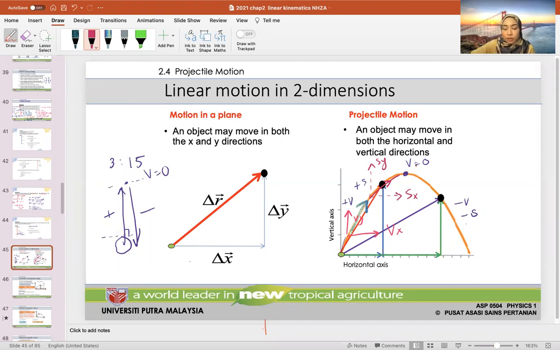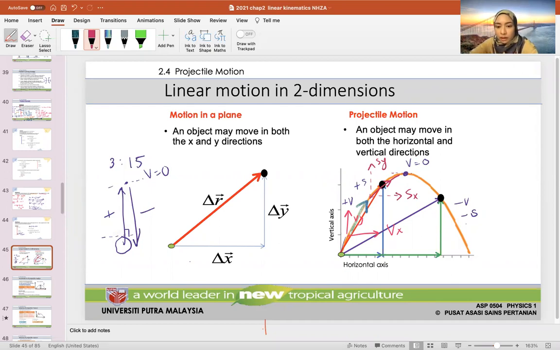And what about at V equals to 0? At V equals to 0, this is actually going, when you throw a basketball, right? When you throw a basketball, it's going to the right, always, right? It's going forward always.